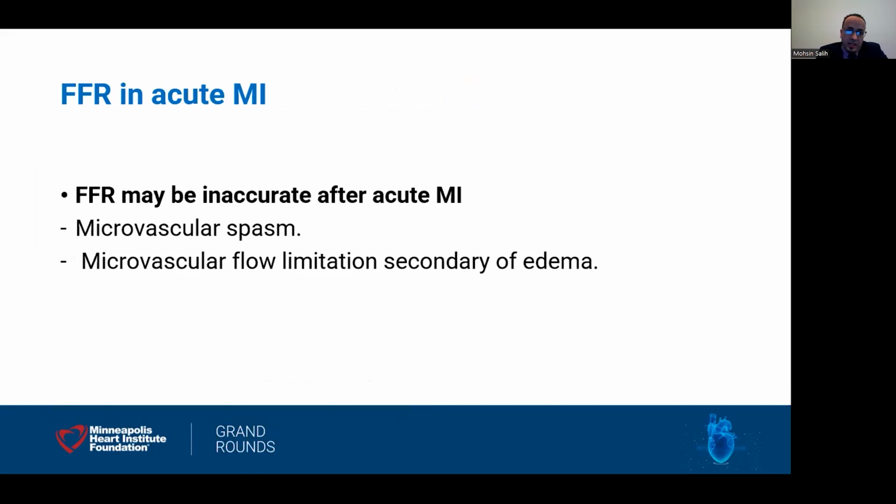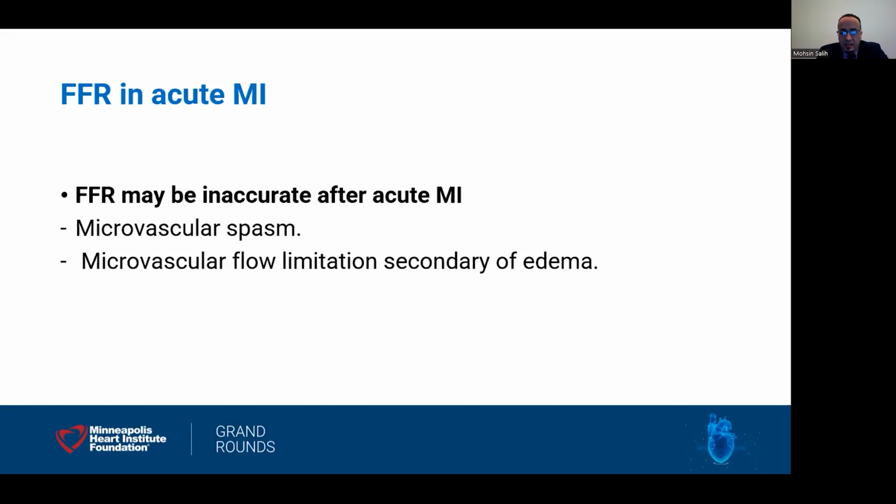Then the question came: is FFR in acute MI accurate? Because there was concern about those patients having microvascular spasm, and we see those patients when we do the angio, the vessel looks very small and spasmed, and the FFR may not be accurate because the flow is limited.